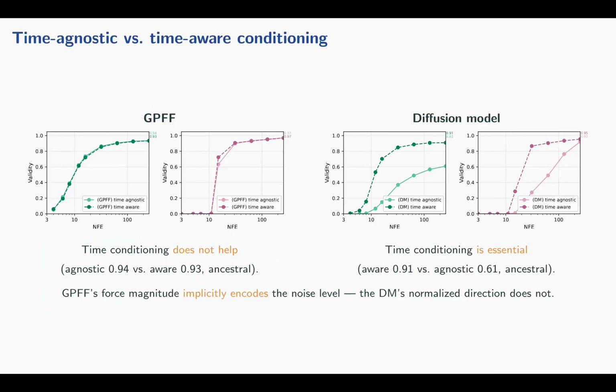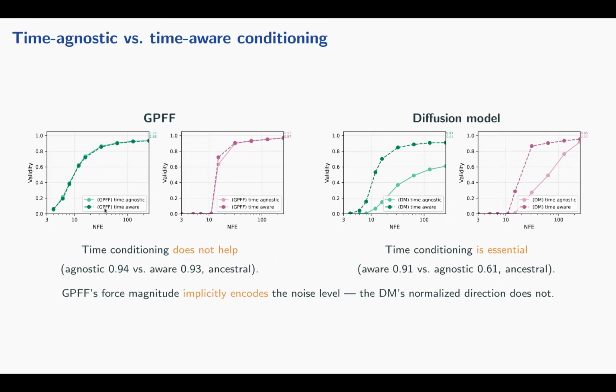Yeah, here. On the left side, you can see the GPFF model. I forgot to add the labels here, but one of them is ancestral sampling and one of them is Heun sampling, so it's just two different diffusion-based sampling algorithms.